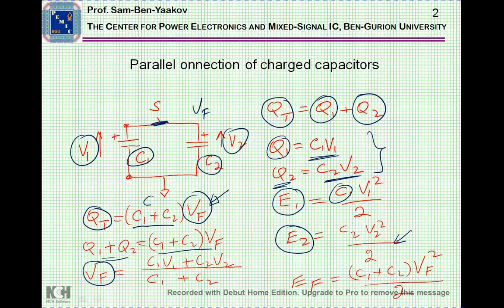And of course, the total energy at the end is the energy of the combined capacitor, which is C1 plus C2, and the voltage that will prevail after this connection, which is Vf. So it will be the total C times Vf squared over 2.